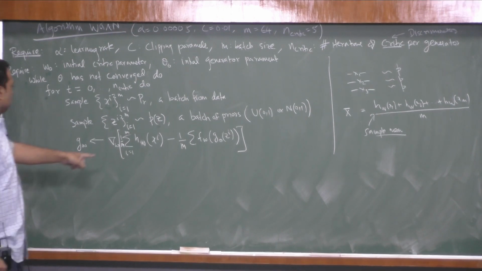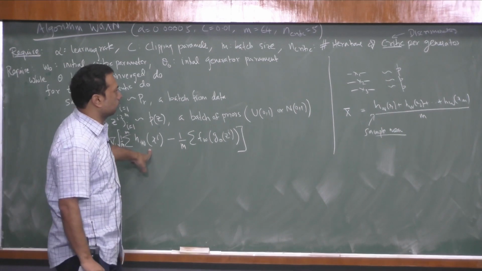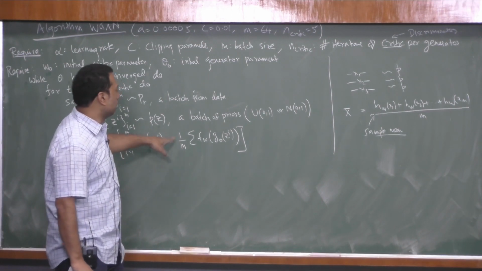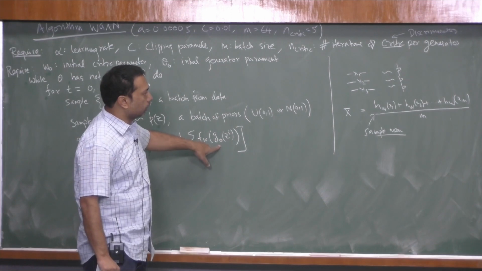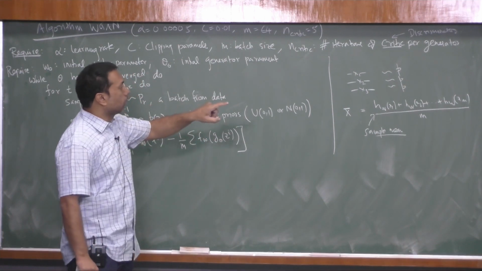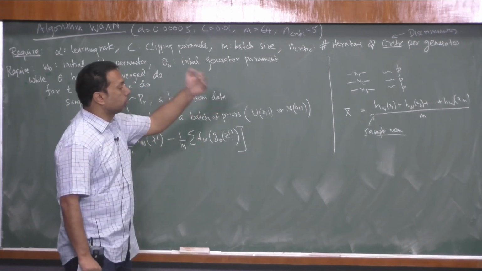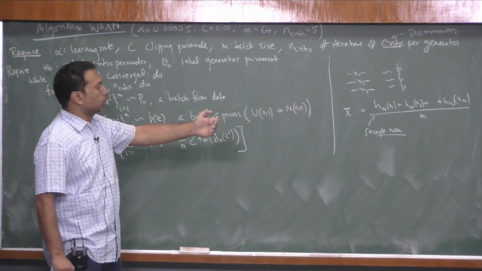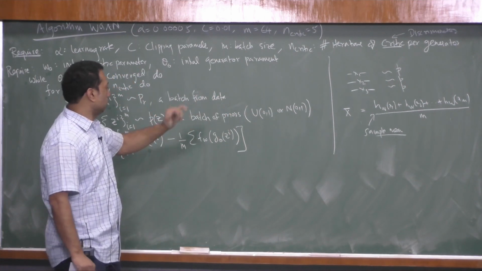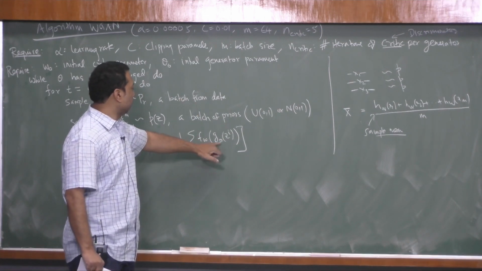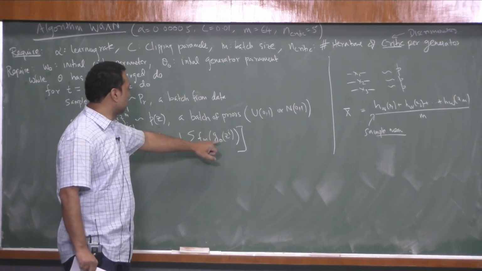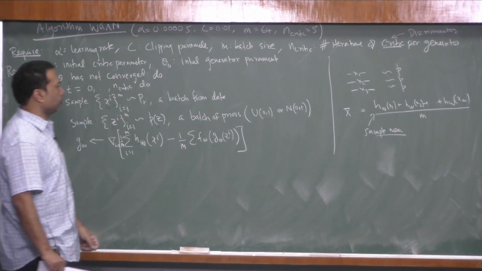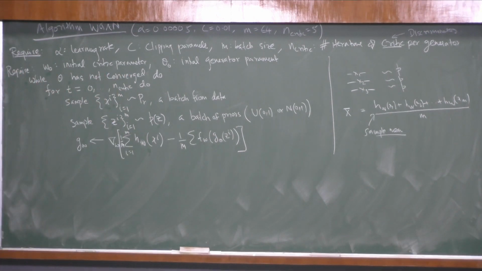So these are sample means of the random variable h_W(x), and then the other random variable, h of g of z. So h of g is a function applied on z. That's another random variable, and essentially it's an expectation of a function of a random variable, and we have to compute the expectation.